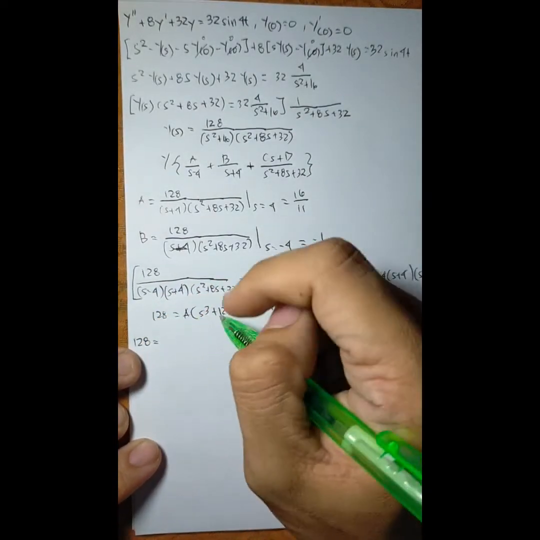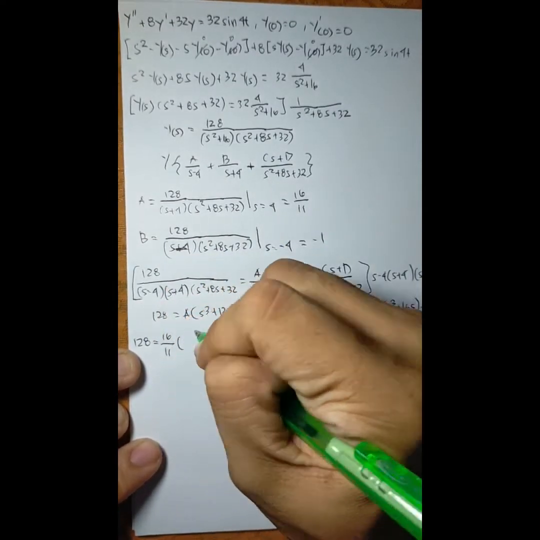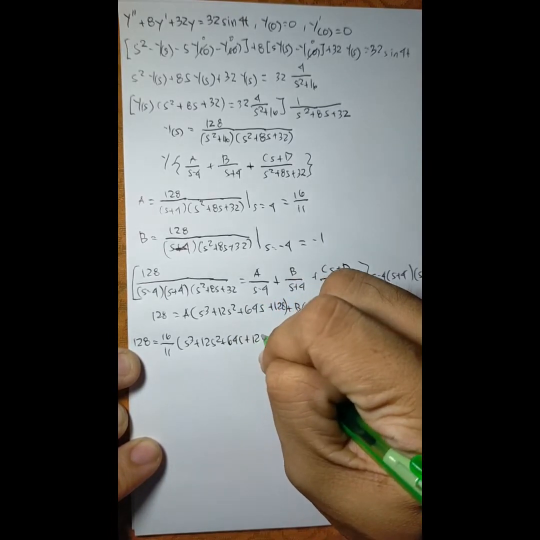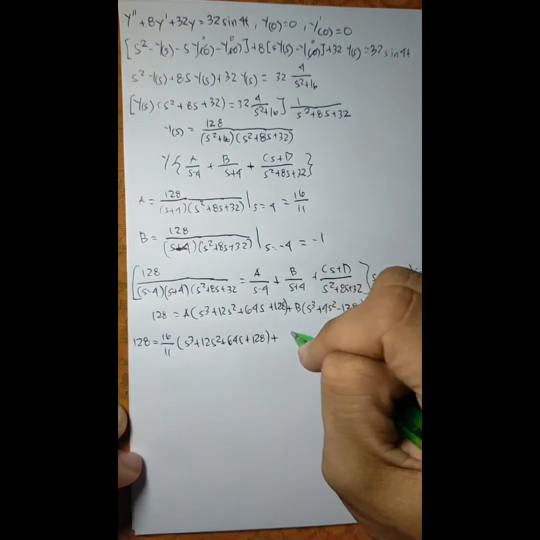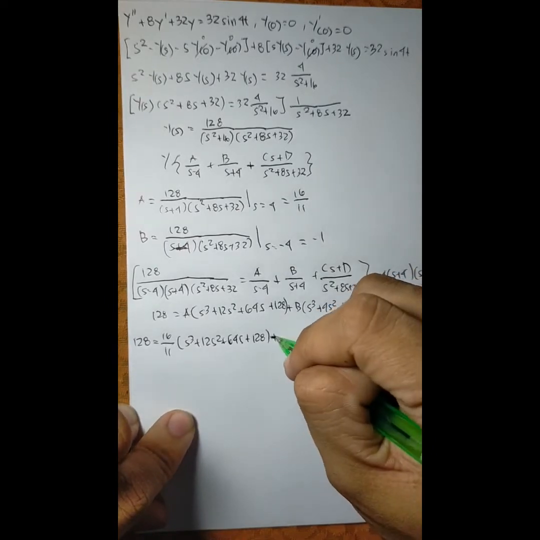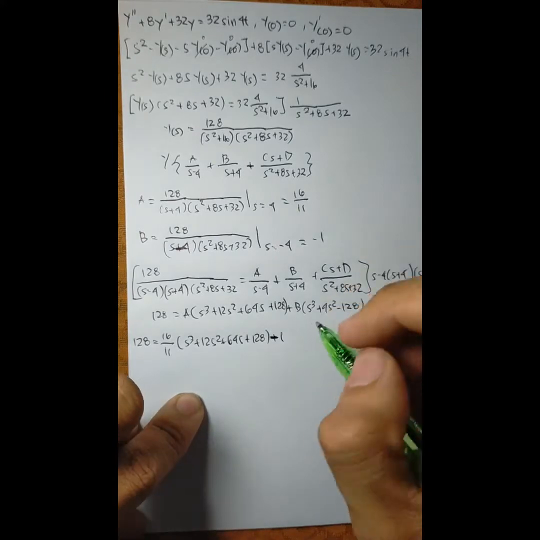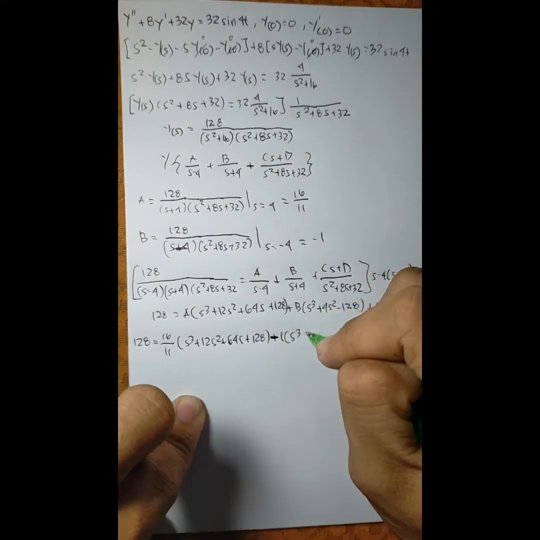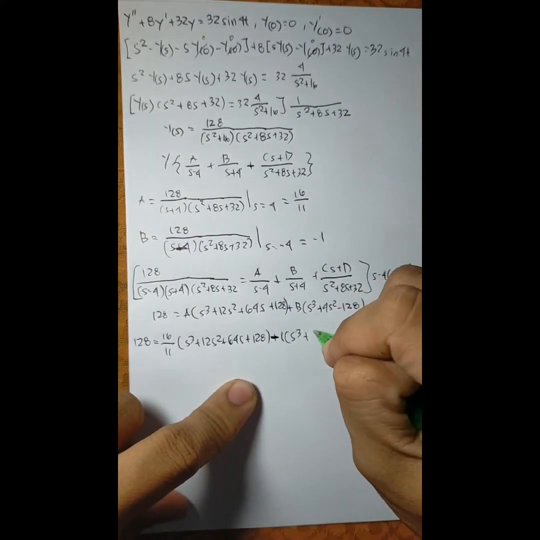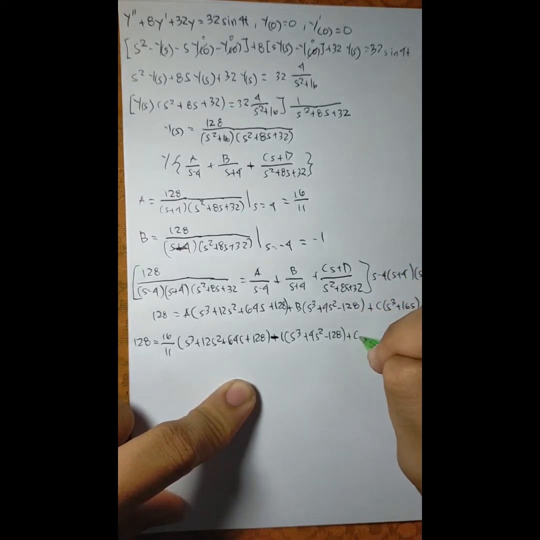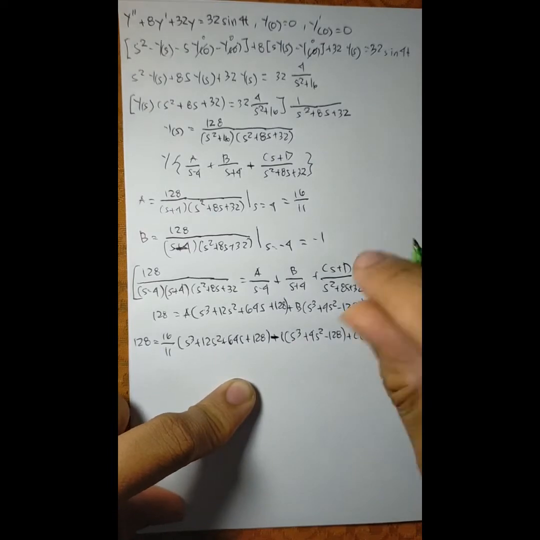And we will substitute the value of a, which is 16 over 11, times s cubed plus 12s squared plus 64s plus 128, plus our b is negative 1 times s cubed plus 4s squared minus 128, plus c times s cubed plus 16s, plus d times s squared plus 16.